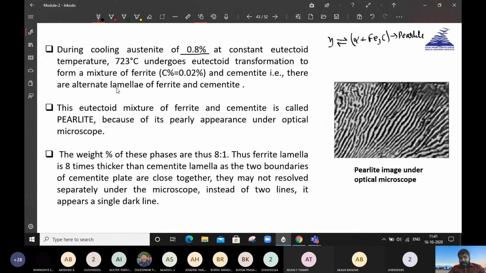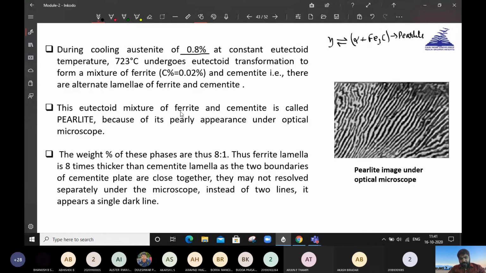There are alternate lamella, so this is known as lamella, of ferrite and cementite. You can see here this is Fe3C, then alpha, then Fe3C, then alpha. So this perlite consists of alternate lamellae of alpha and Fe3C in the final mixture.